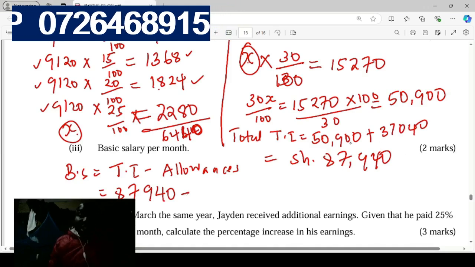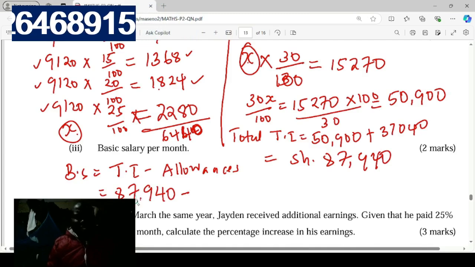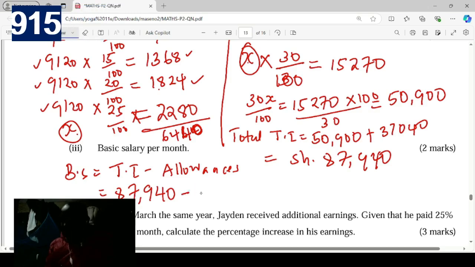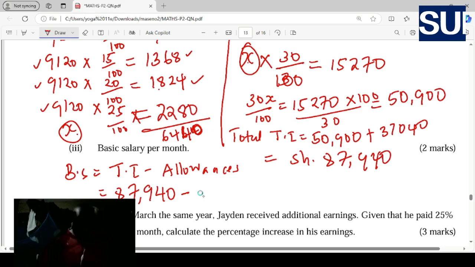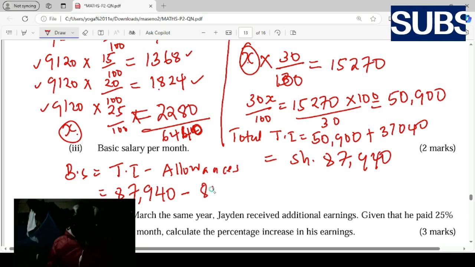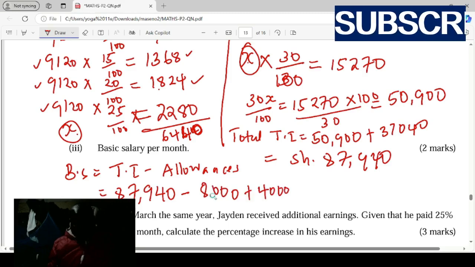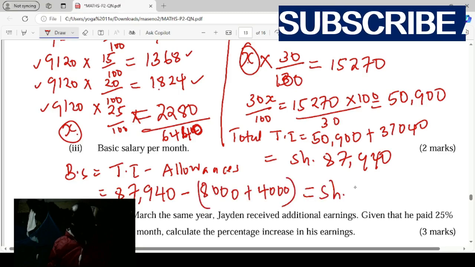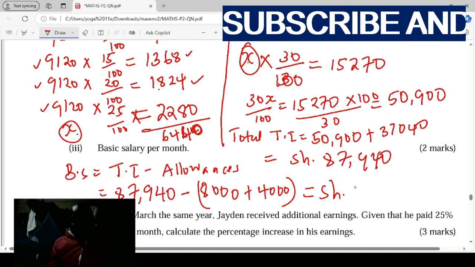Electricity imepotea, so wacha nikae tu kwa giza. 87,940 minus allowances. Allowances tulikuwa na 4,000 na 18,000. And this one will be Kenya shillings 65,940. So basic salary ni 65,940. Hiyo ndio basic salary.